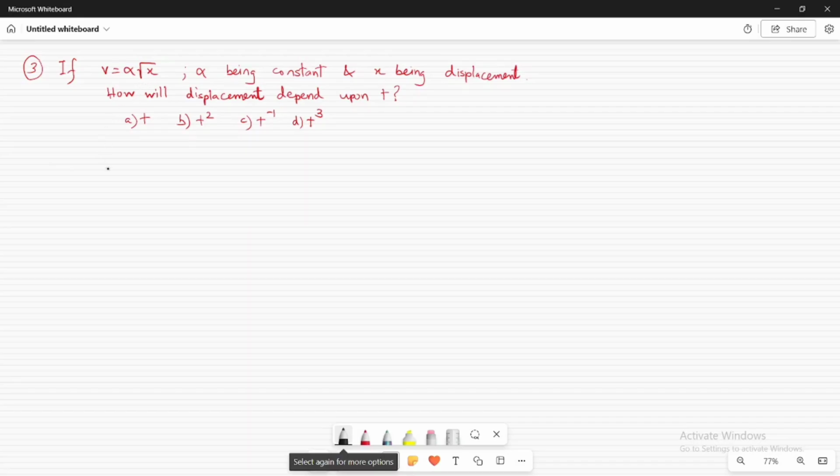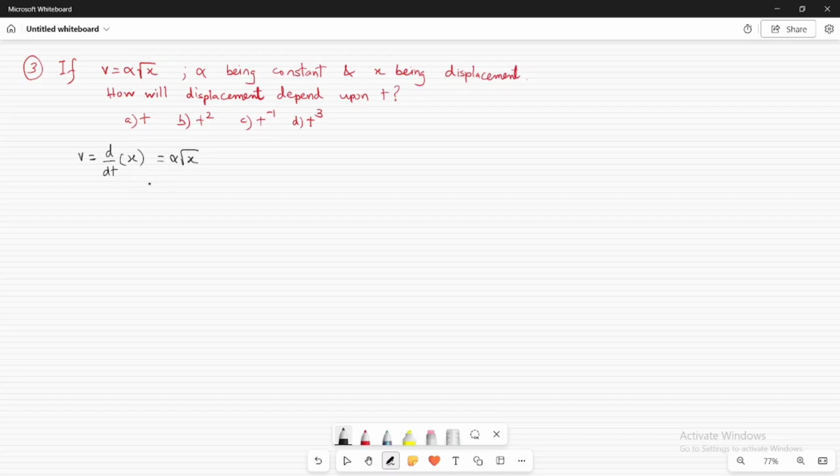In any case, we know that velocity is the rate of change of displacement. Here x is the displacement, v is the velocity, and the value of velocity is already given, that is alpha square root of x.